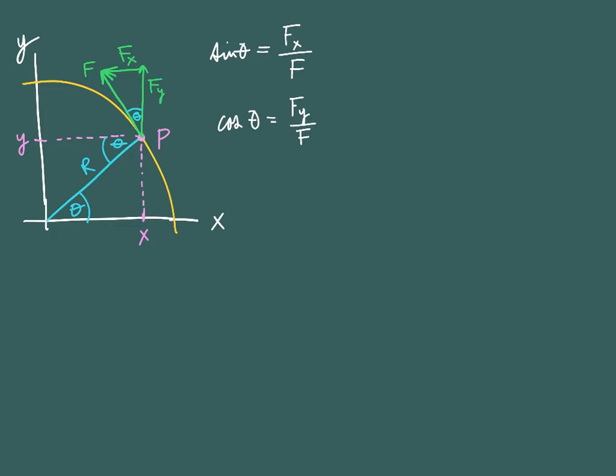You also have, if you go down to the bottom triangle, so down in here, it's also the case that sine of theta is equal to what? It's going to be y over r.